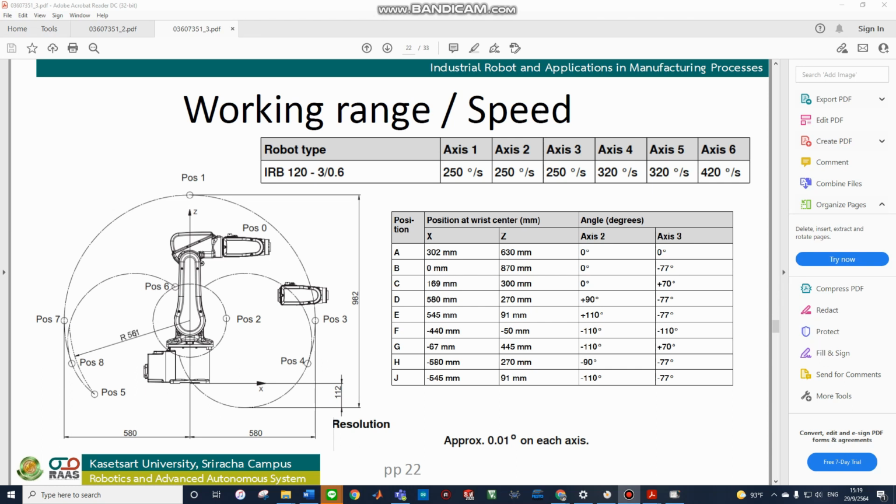Have position A B C D E F G. Have different millimeters and degree. Axis 2, 3 position at rest center, millimeters X and Z.